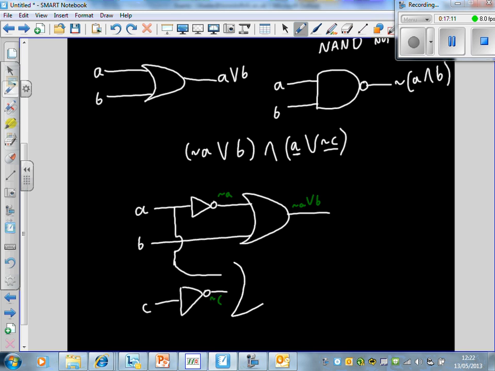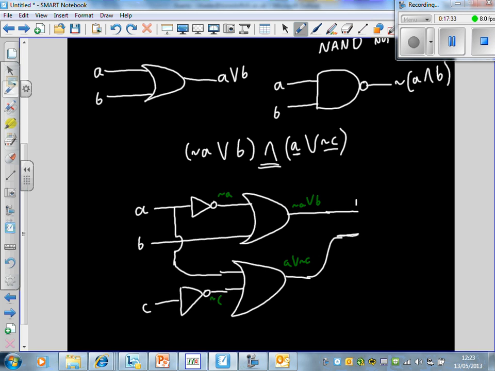So we've got a not C coming out there, and it's an OR gate. Quite enjoyable to draw, really, in a weird kind of way. So outside we do have the A or not C.